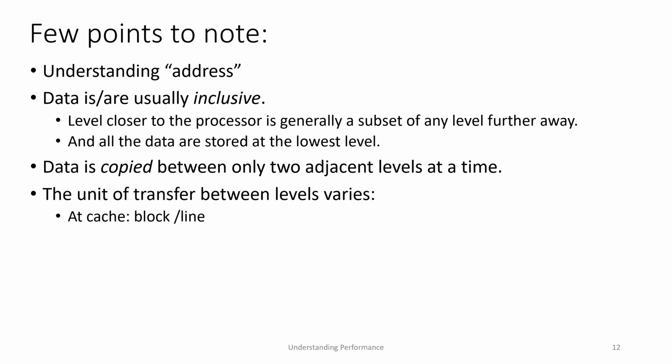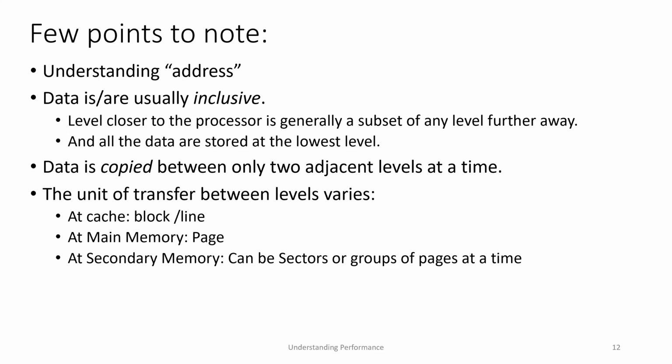Okay. Now, at the caches, the unit of transaction is typically a cache line or cache block, which is 64 bytes or maybe 128 bytes. At the main memory, we deal in pages, right? At the secondary memory, we can deal in terms of sectors or groups of pages, which are called blocks. Okay. Now, as we go from the L1 to L2 to L3, all these are still talking to each other in terms of cache blocks only.